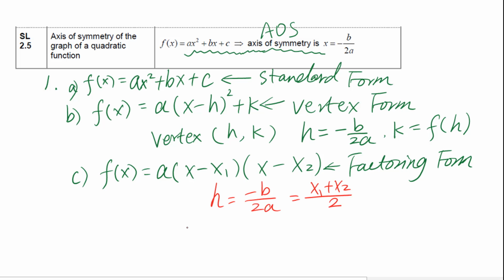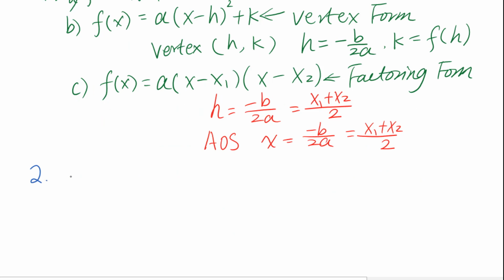And h basically is the axis of symmetry. So let's write down AOS, x equals negative b over 2a, also equals (x1 plus x2) over 2.